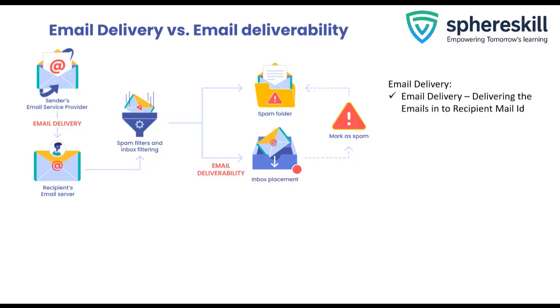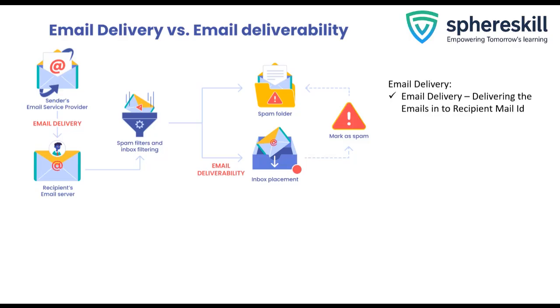How it goes to spam or inbox depends on factors like your email reputation, your domain reputation, and whether your IP or your domain is blacklisted. There are multiple factors.